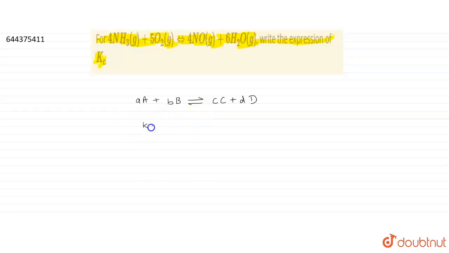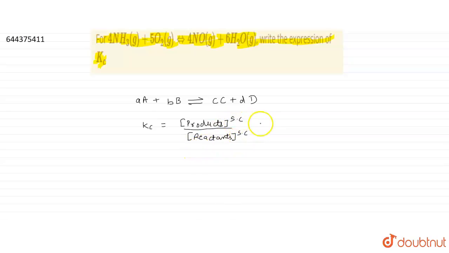So expression for equilibrium constant Kc will be equals to concentration of products to the power stoichiometric coefficient of products divided by concentration of reactants to the power stoichiometric coefficient of reactants. We have to take separate products concentration in the numerator and separate reactants concentration in the denominator, and we have to take stoichiometric coefficient according to the product.